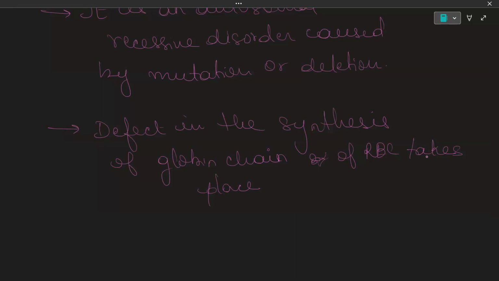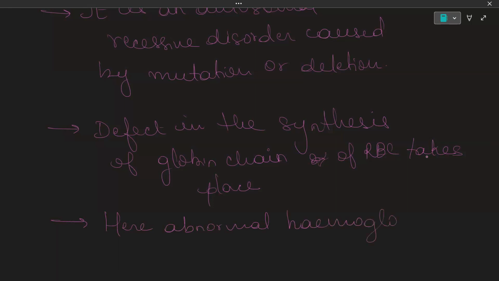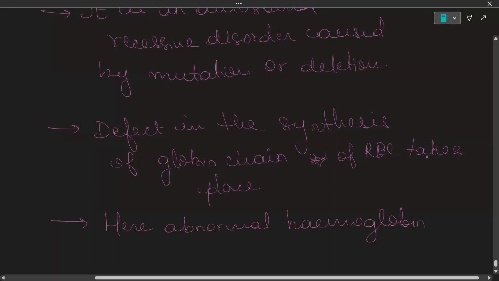So, here, abnormal hemoglobin is formed. This much is clear about thalassemia.